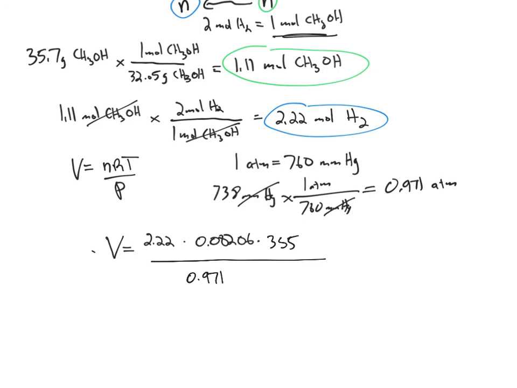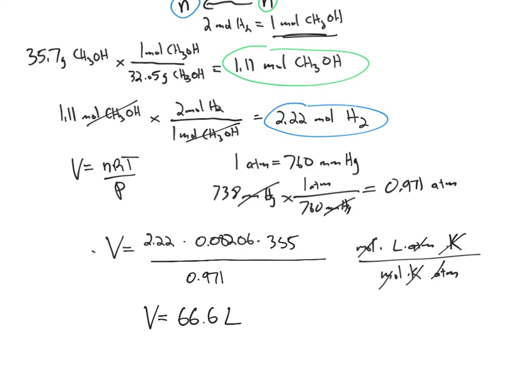And then for units, I have moles, liters times atmosphere over mole times Kelvin, Kelvin in the top, and then in the bottom, my atmospheres. So moles, moles, atmospheres, atmospheres, Kelvin, Kelvin. I'll be left with liters, which is good. And so when I do that math, I get 66.6 liters as my final answer.